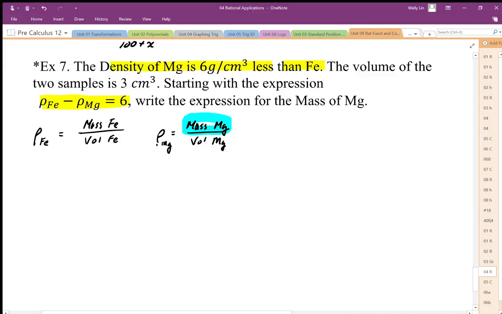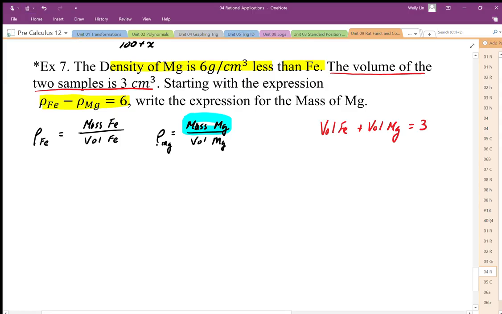There's some other information given here. The volume of the two samples together is 3 centimeters cubed. Okay, so I'm going to write this out. The volume of iron plus the volume of magnesium equals 3 centimeters cubed. And we're going to start with that statement.